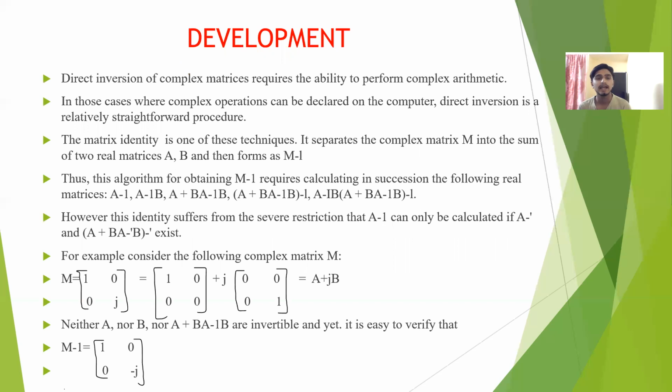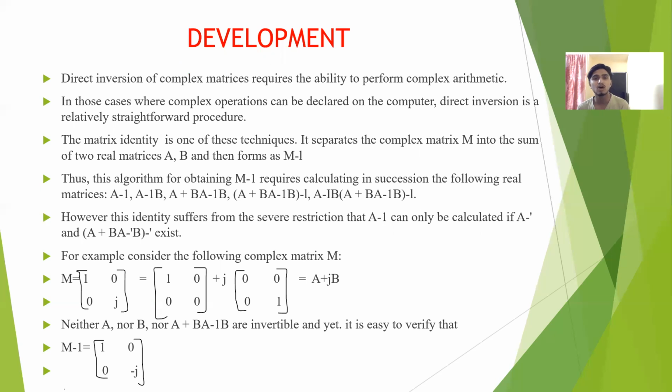Development. Direct inversion of a complex matrix requires the ability to perform complex arithmetic. In those cases where complex operations can be declared on the computer, direct inversion is a relatively straightforward procedure. The matrix identity is one of these techniques.